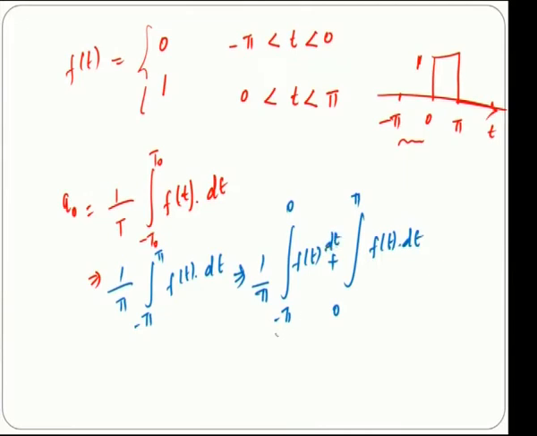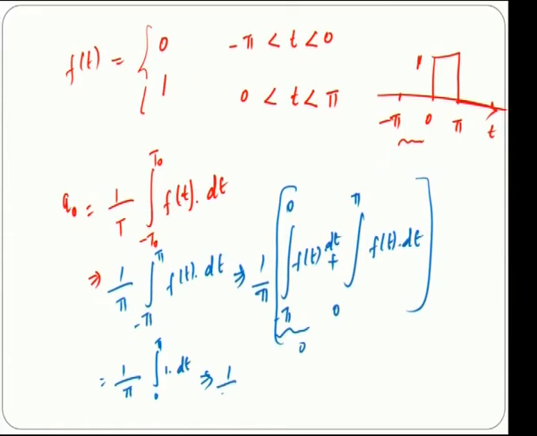So, here the value is 0, so you can skip it. Here only you have 1, right. So, I will write it as 1 by pi integral 0 to pi 1 into dt. Which is simplified as 1 by pi into t, with the limits 0 to pi.